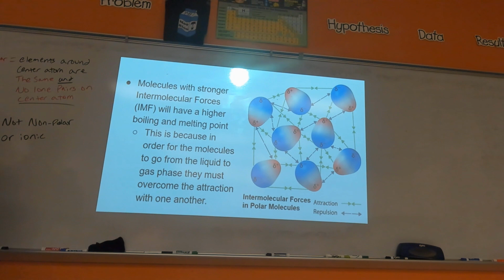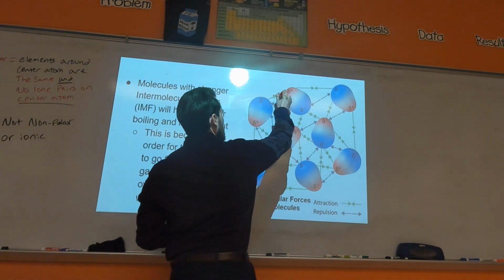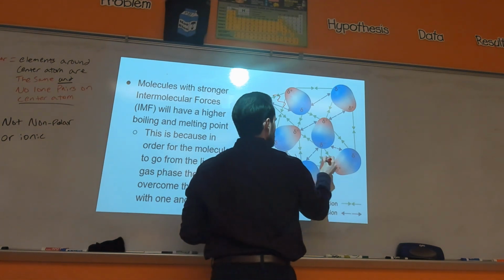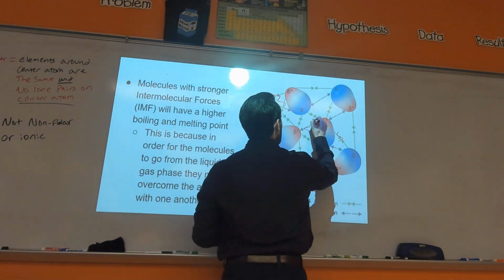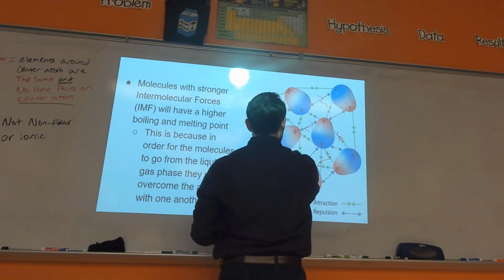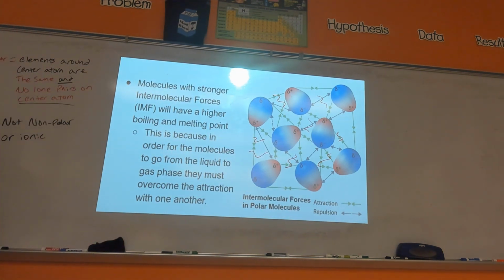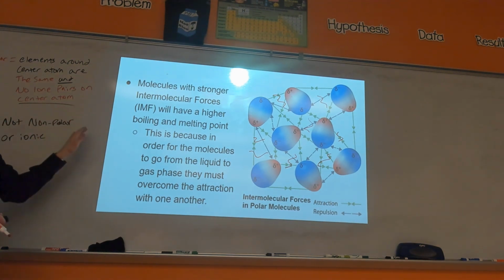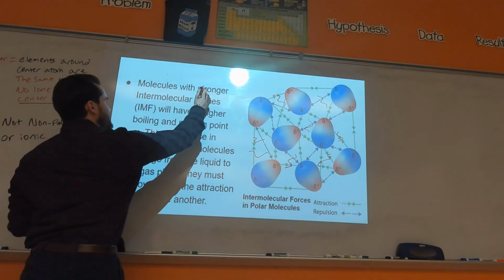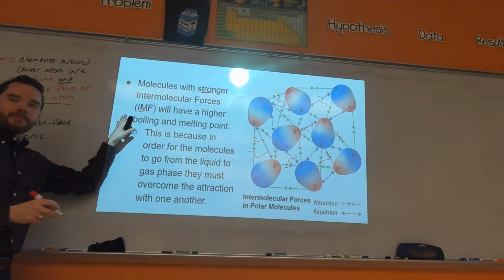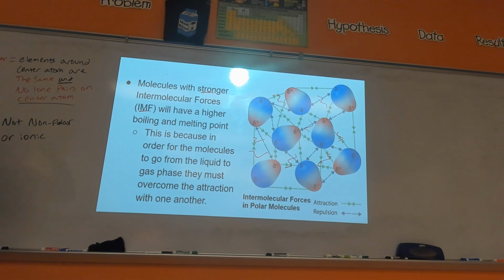In order for something to boil or to melt, you have to break all of these attractions here. You have to break all of those bonds. If you break all those bonds, then that liquid can boil. Now what that means is the stronger the intermolecular forces, we abbreviate IMF, the higher the boiling point or melting point.